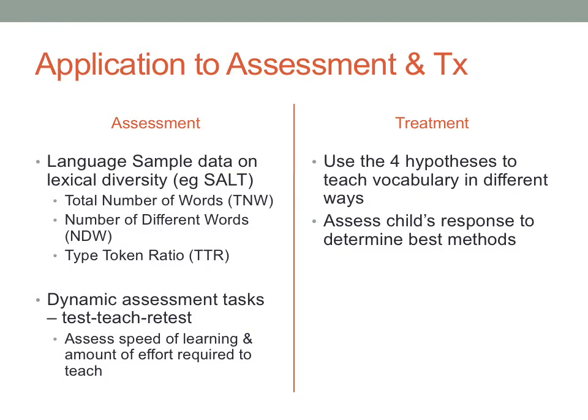We can then assess the child's response to treatment in order to determine the best methods for them to learn words. And of course, kids are different, right? So they may learn words in 1 or 2 of those ways more readily than in the other 2. So we can use these hypotheses clinically.